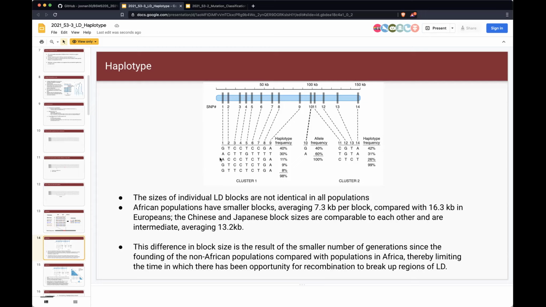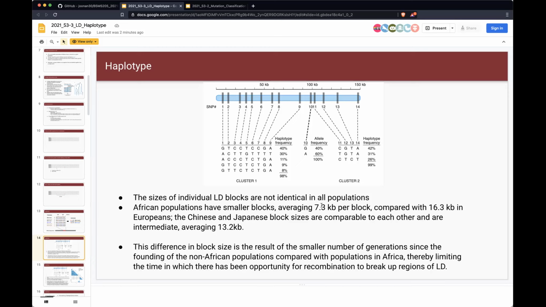Also, if you look at different populations in our species, then the African population generally has smaller blocks, about 7.3 kilobases per block, compared to Europeans at 16.3 kilobases, or Chinese and Japanese, who have 13.2.